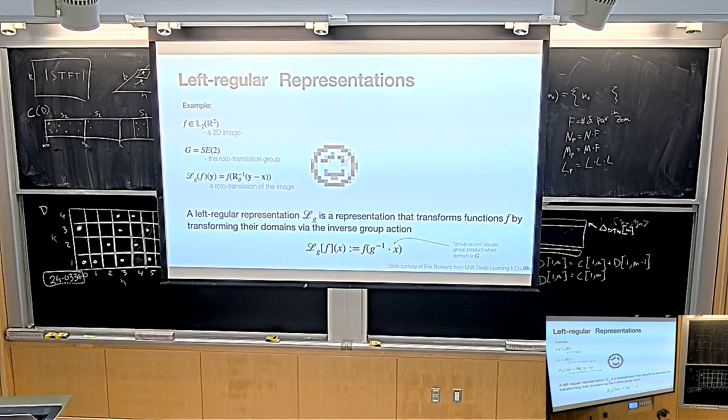So if I want to rotate the image by 90 degrees, what you actually do mathematically is you take the input to the function, which is a 2D coordinate, and you rotate all the inputs to the function. That's how you rotate the image. The image is rotated by taking the input to the function defined on R2 and then rotating that input.